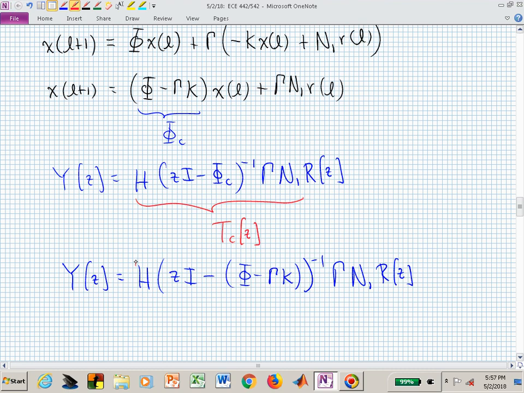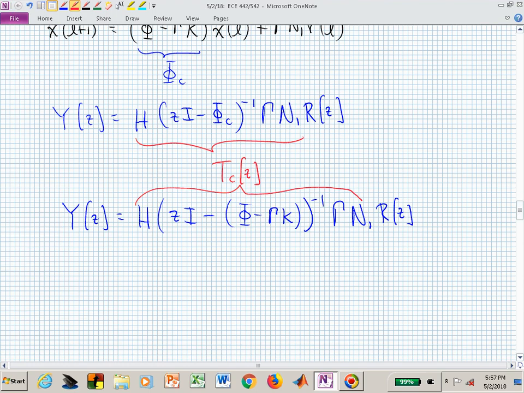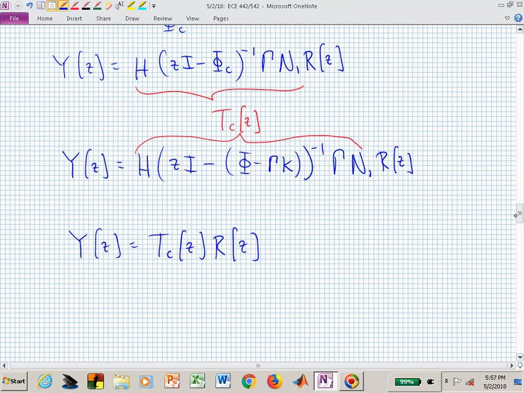And now this is exactly the same T sub c of z. It's just now I've written out what phi sub c is actually equal to. Or now y of z can be more compactly written as just a transfer function T sub c and the reference input r of z.